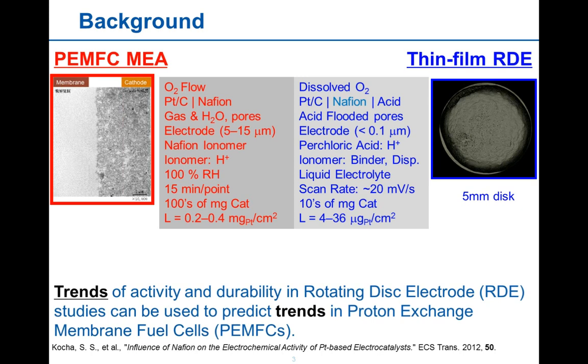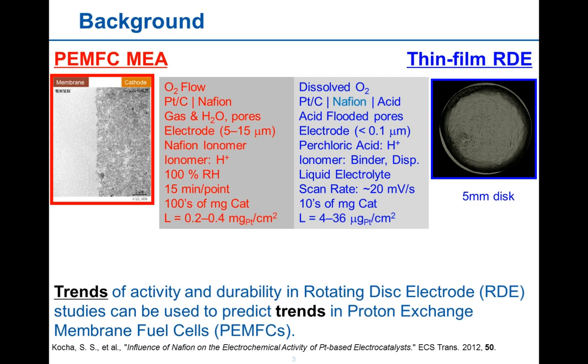In an RDE, what you have really is dissolved oxygen in the electrolyte, not a gas flow through flow fields like in a PEM fuel cell. Also, the interface is platinum on carbon, most often with a certain amount of Nafion incorporated into the catalyst layer or as a cap to the RDE electrode, and then acid.